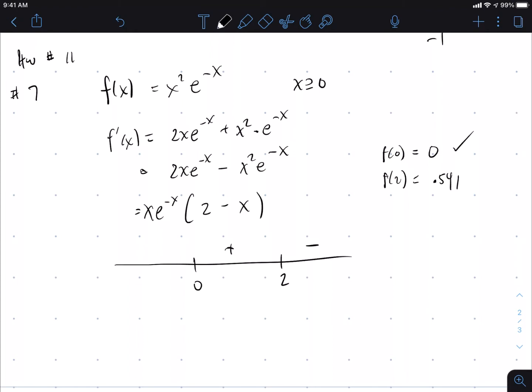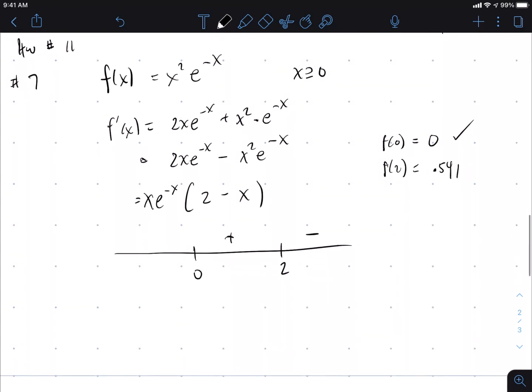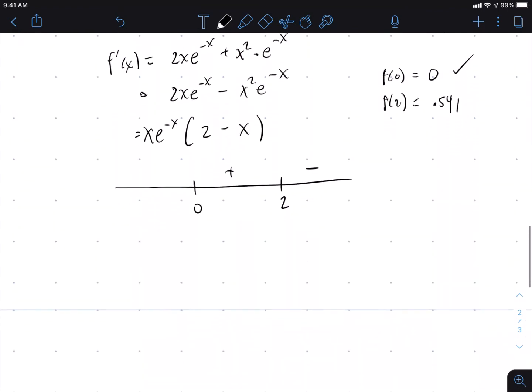Okay, and then the maximum value, it says to find the max, well, I already have the derivative, I believe should be that 0.54. Let me just confirm. Yep. So this is our min. This is our max.